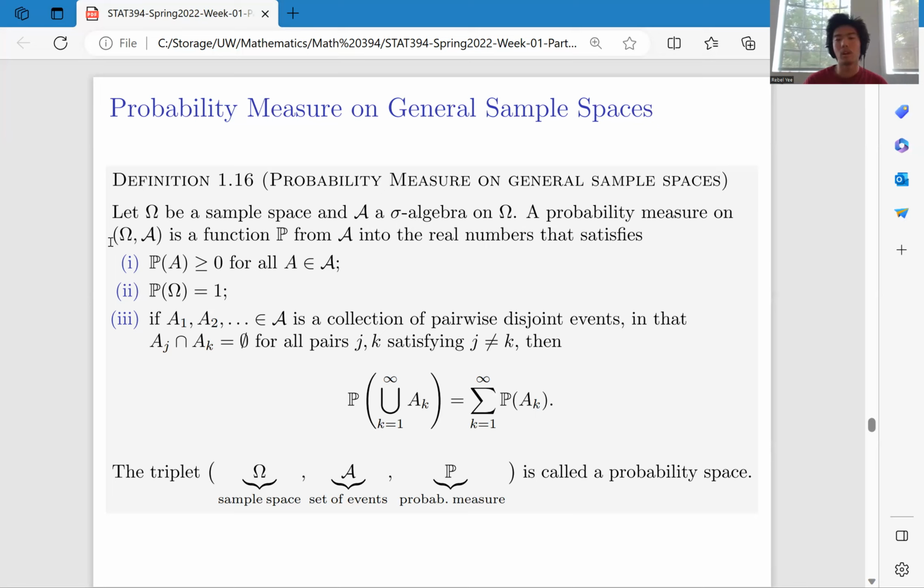Here, if any two sets, for example A_j and A_k, are pairwise disjoint inside this collection, so the whole collection is pairwise disjoint events, then the probability of the union of all the events inside this collection is equal to the sum of all of these events' probabilities.